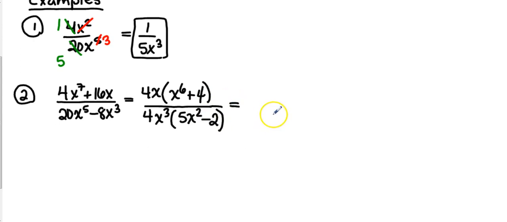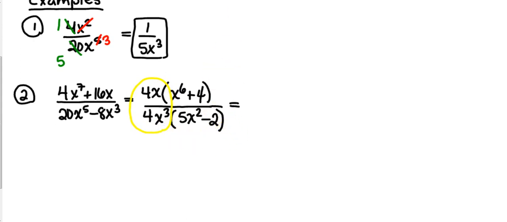So remember, we are able to cancel factors. What I mean by that is this says 4 times x times this whole piece. But notice this is addition. Same thing down here, 4 times x to the 3rd times this piece. We can't touch anything that's over subtraction or addition. We can only focus on what is being multiplied together, the factors.